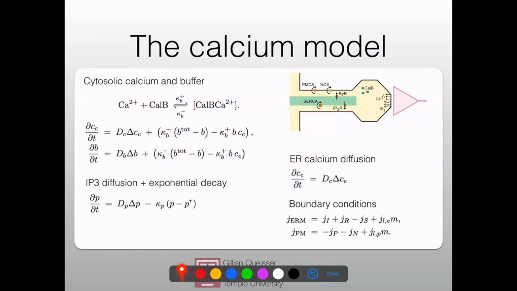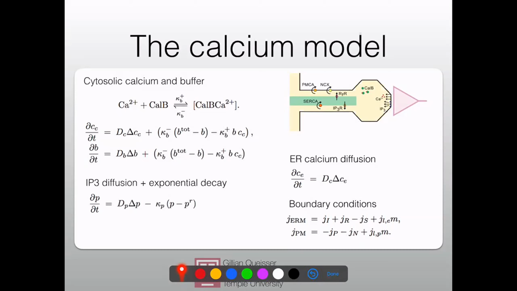Now, the boundary conditions are basically what drive this calcium system. On the one hand, we have exchange mechanisms on the endoplasmic membrane. These are ryanodine receptors and IP3 receptors that release calcium from the ER into the cytosol. On the other hand, there are SERCA pumps which replenish the ER with calcium that's available in the cytosol.